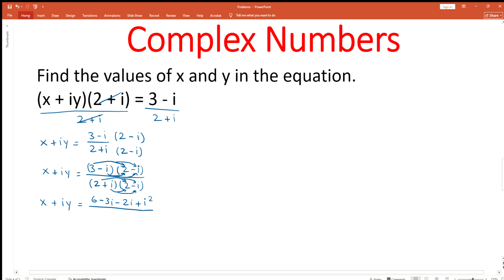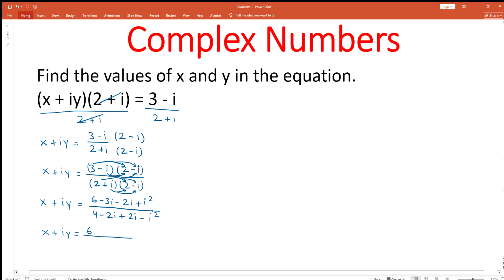In the denominator, we do 2 times 2, which is 4. 2 times negative i is negative 2i. i times 2 is positive 2i. And i times negative i is negative i squared. Next, we can combine like terms in the numerator and denominator.